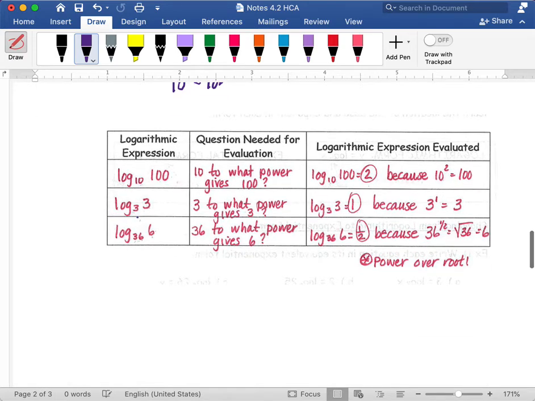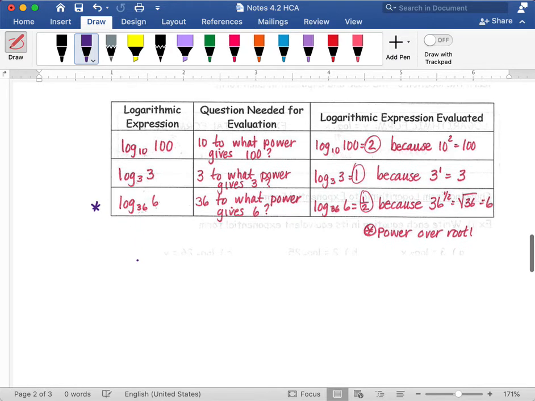Same thing with this one, log base 3 of 3. 3 to what power gives 3? Well, 3 to the first. So log base 3 of 3 is equal to 1. This one is a little bit tricky, but still not terrible. We're asking, 36 to what power equals 6? Well, we know the square root of 36 is 6.